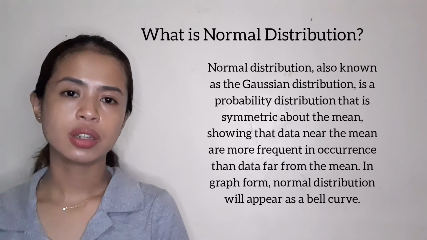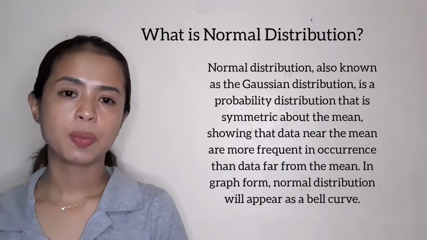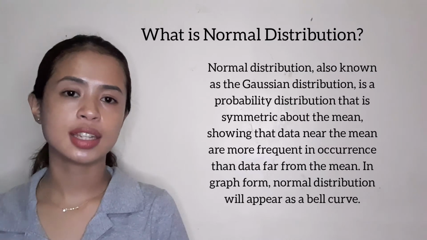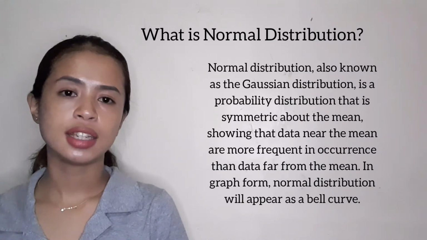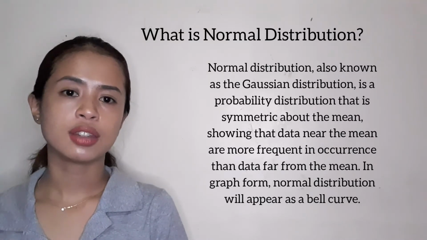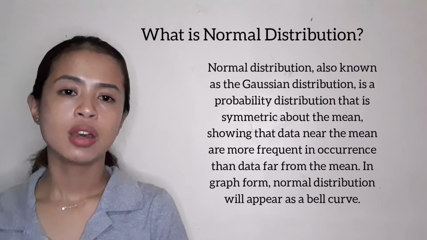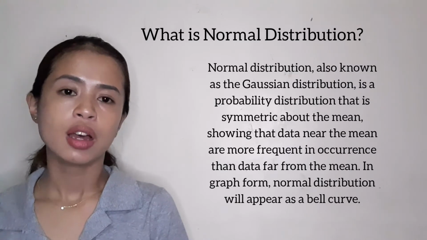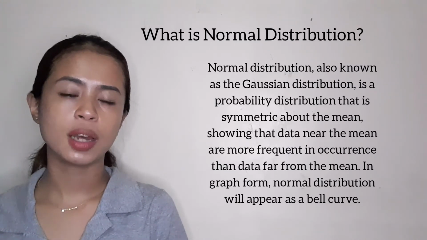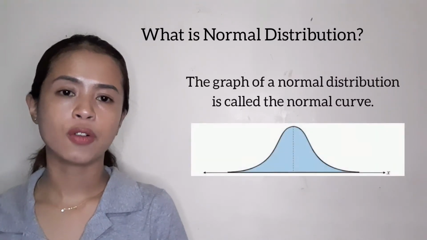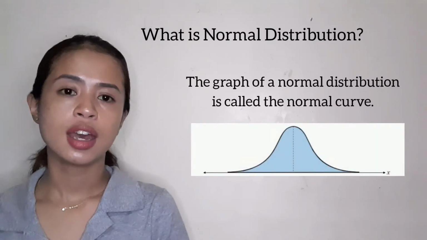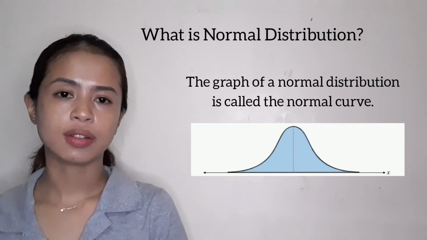Normal distribution, also known as the Gaussian distribution, is a probability distribution that is symmetric about the mean, showing that data near the mean are more frequent in occurrence than data far from the mean. In graph form, the normal distribution will appear as a bell curve, and the graph of a normal distribution is called the normal curve.